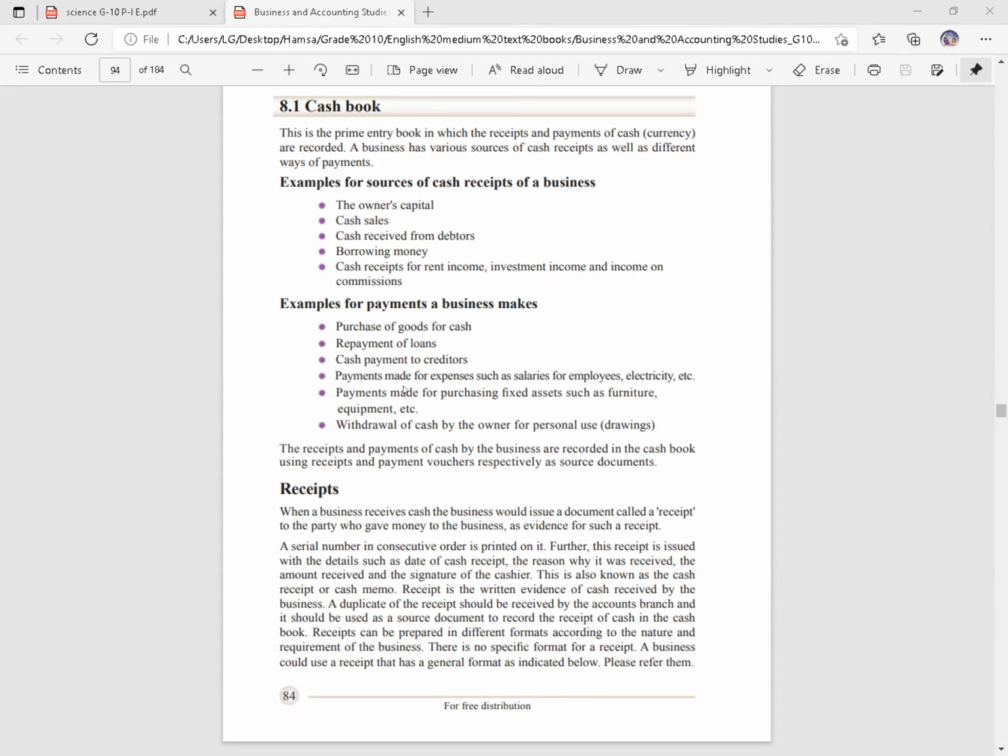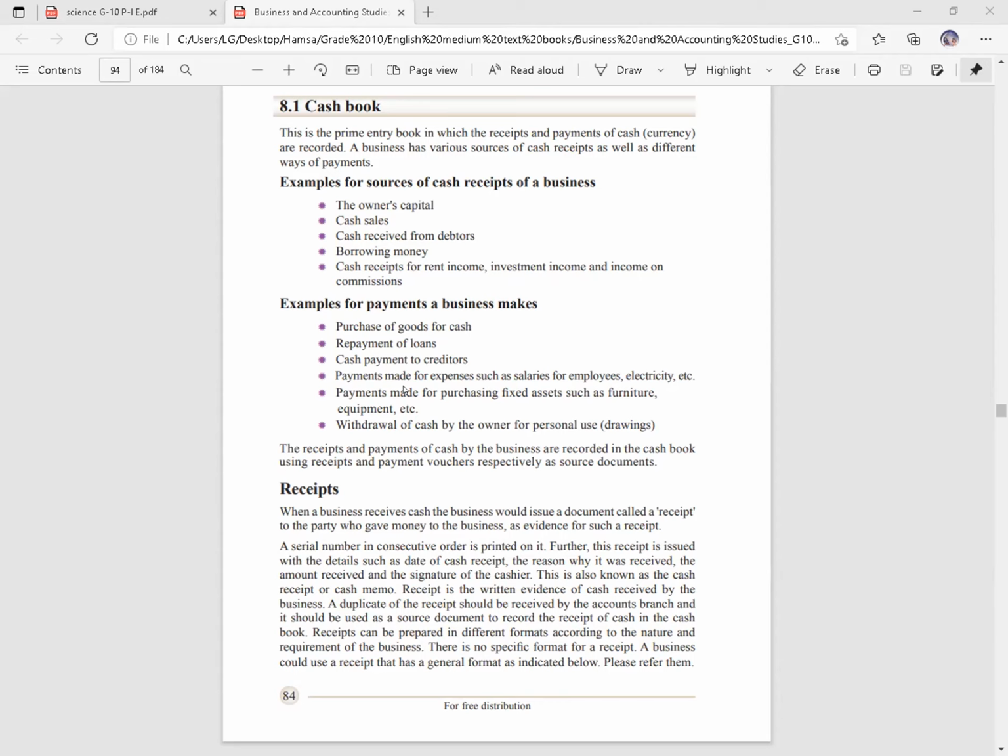Okay, so cash receipts for rent income, investment income, and income on commissions. Yes, all types of income will be cash receipts of a business, right? When you rent a building, you will get income from the rent. When you invest, you will get investment income.